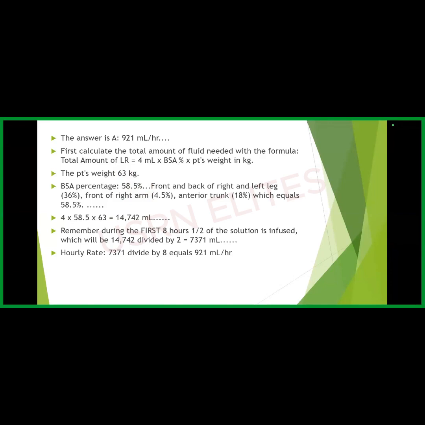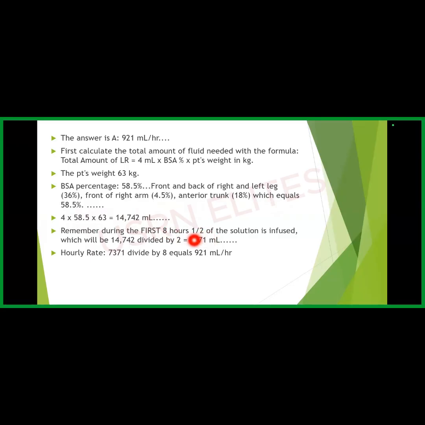Then total burn surface area: front and back of right and left leg giving us 36, front of right arm giving us 4.5, anterior trunk giving us 18, which all make up 58.5. Then you do a calculation.